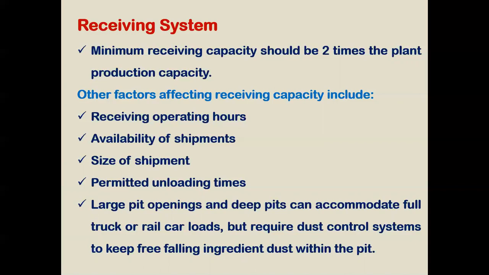Large pit openings and deep pits can accommodate a full truck. So it depends on the pit size, the size of the shipment, and rail car loads. These are the different factors which affect the receiving capacity of the feed mills.